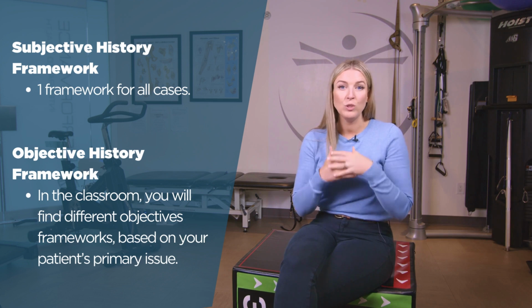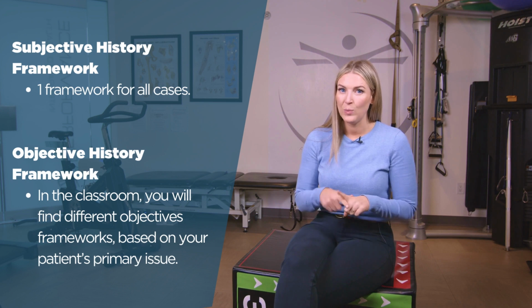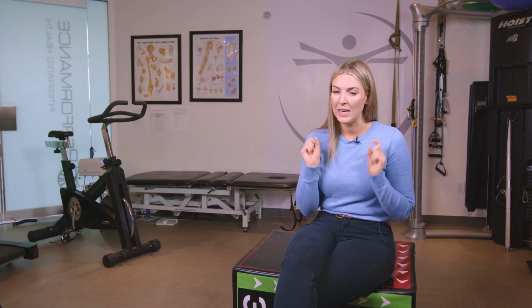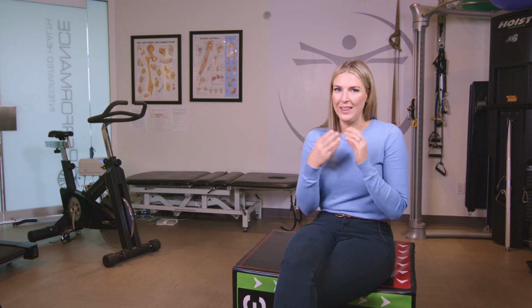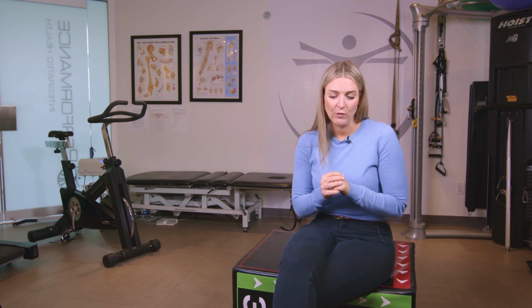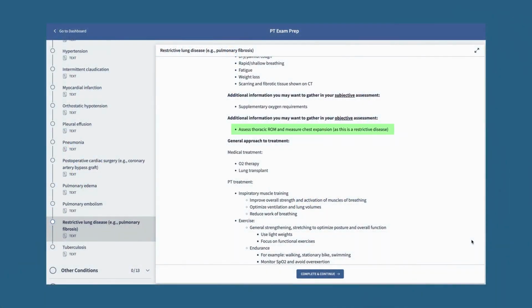In this case, you would follow the cardio-resp objective. You would then look in your pathologies to see if there is any additional objective information that needs to be gathered. In this case, it would be assessing thoracic range of motion and measuring chest expansion.